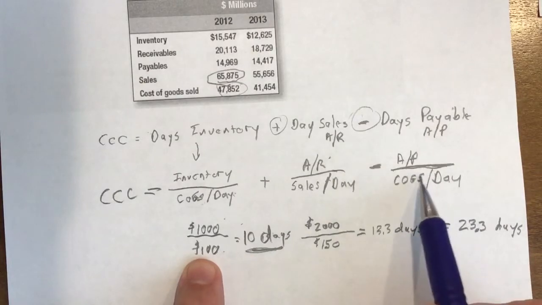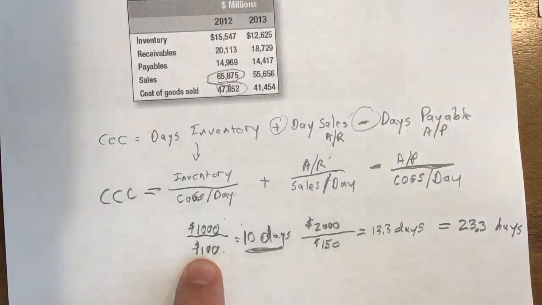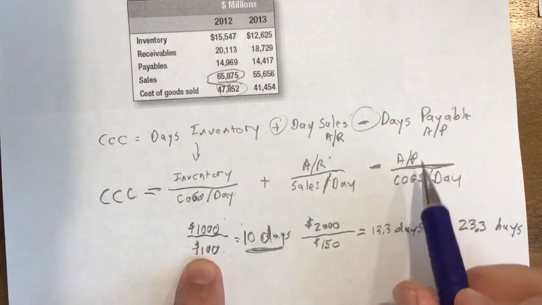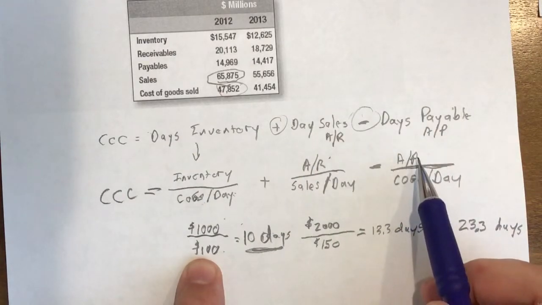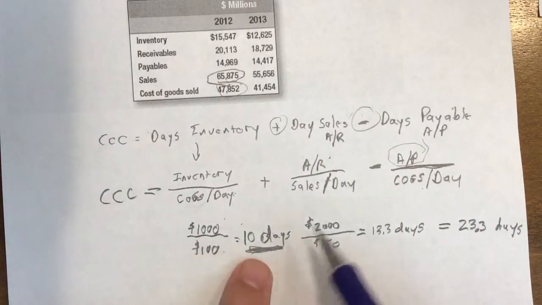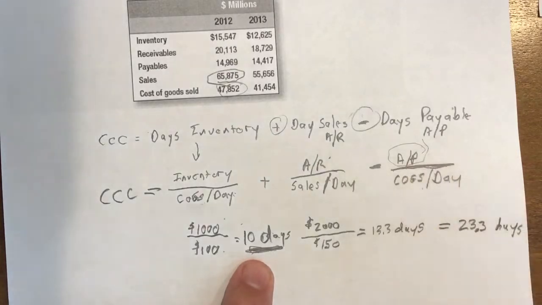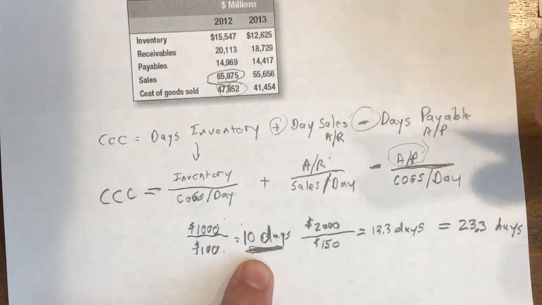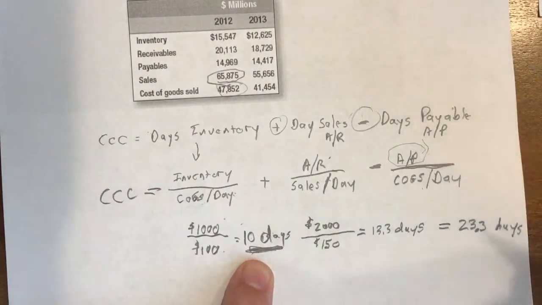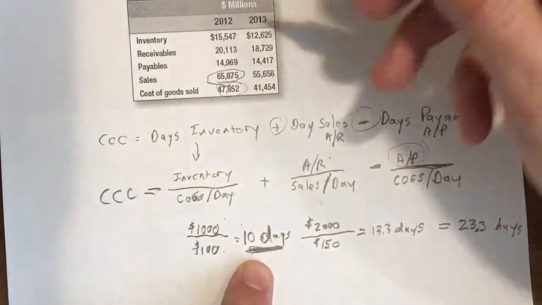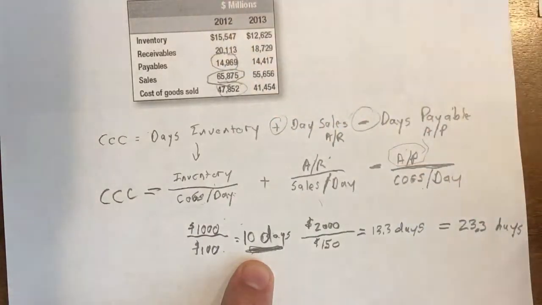Now this last number, accounts payable, that's sort of the good news, is that typically when you buy some inventory, like this 10 days of inventory, the company you buy the inventory from may say, we'll deliver the inventory to you on day 0, but you don't have to pay us until day 5. And so you go through the same sort of calculation here, except using accounts payable.